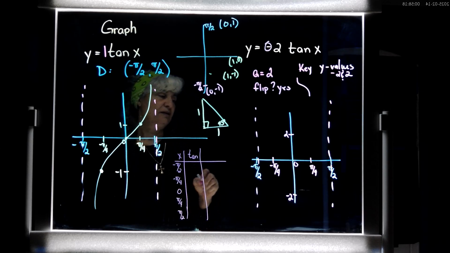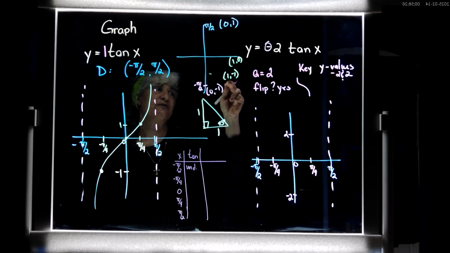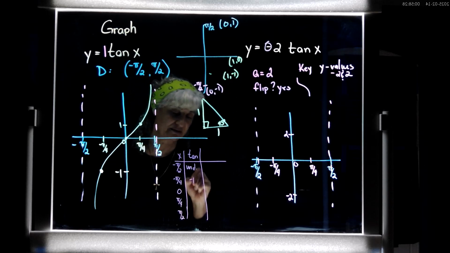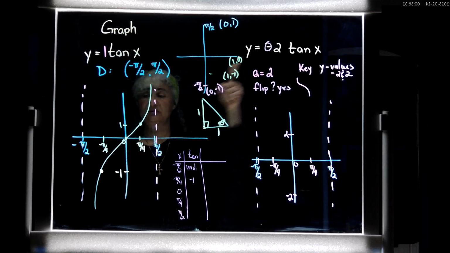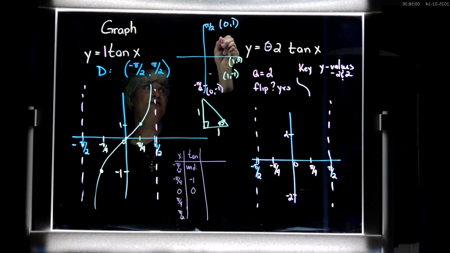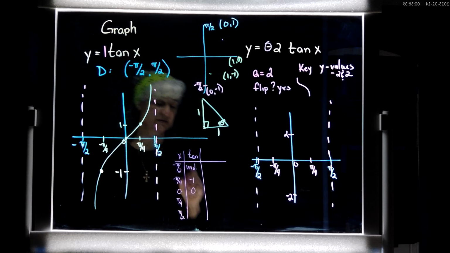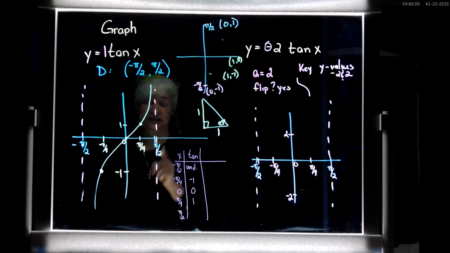Okay? So the tangent at negative pi over 2, yeah, that's undefined. That doesn't help. The tangent at negative pi over 4, well, that's negative 1. That's what we got over here. The tangent at 0, well, that was 0. The tangent at positive pi over 4 was quadrant 1. That was 1. And the tangent at pi over 2, well, that was undefined.